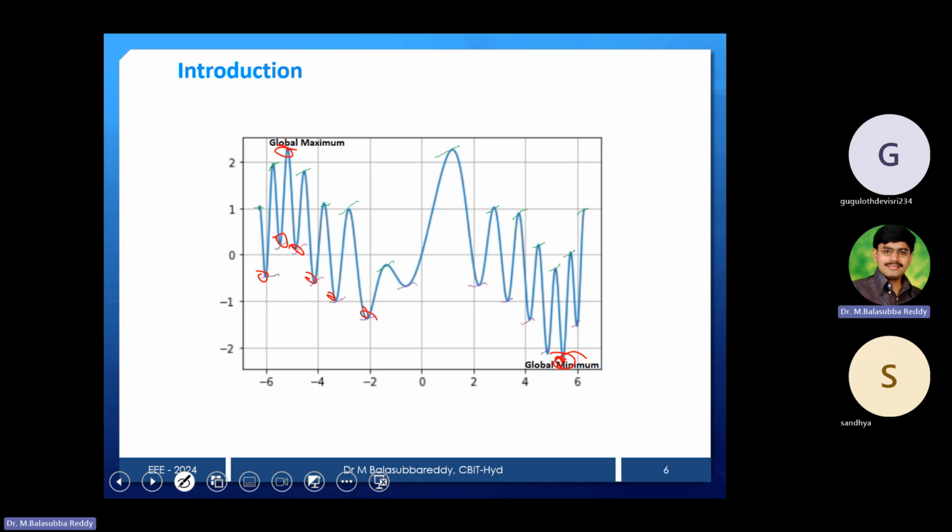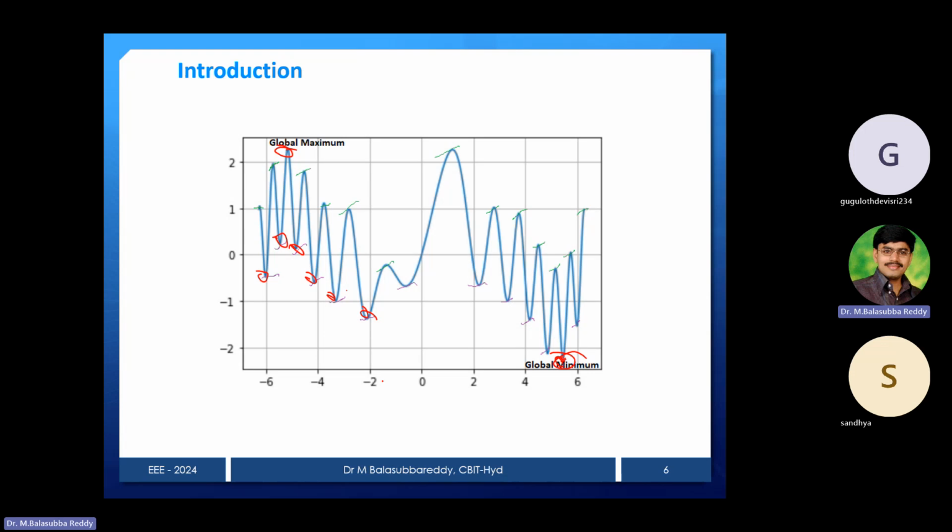Once you know the p-best and the g-best, based on this information we exchange it with other agents.